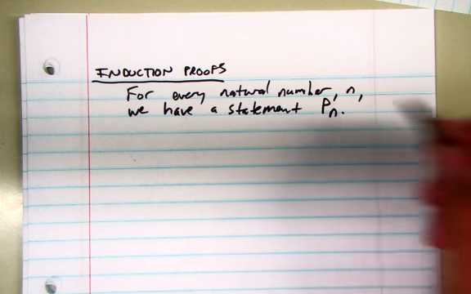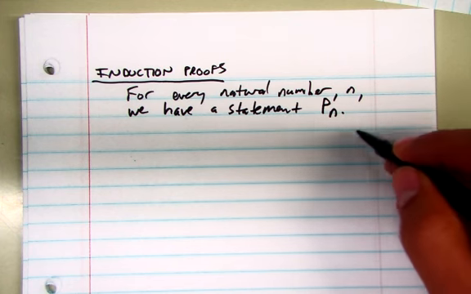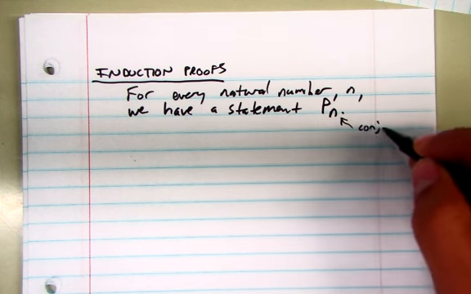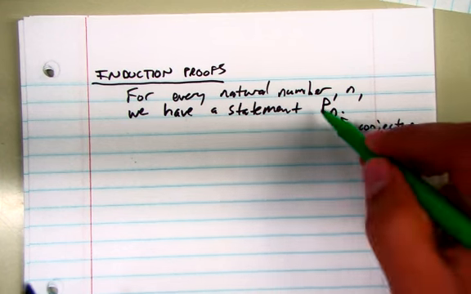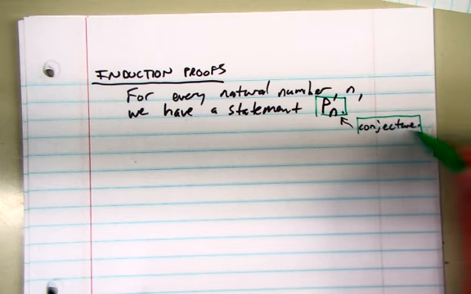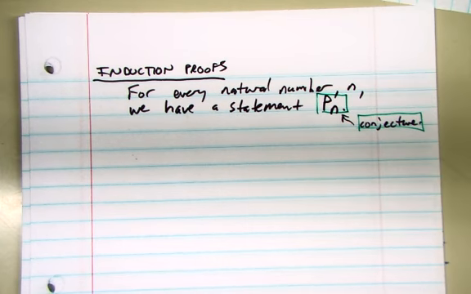In other words, that's the conjecture. So for every natural number, we have a conjecture. Like if I were to add the first 8 odd numbers, the answer would be the square of 8, which is 64. That's what our conjecture is.